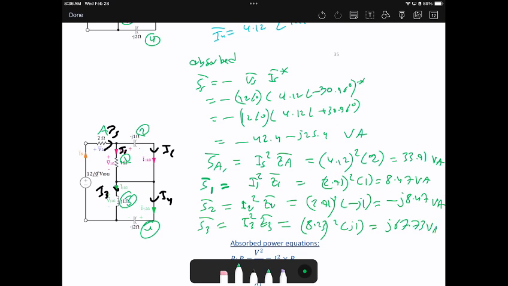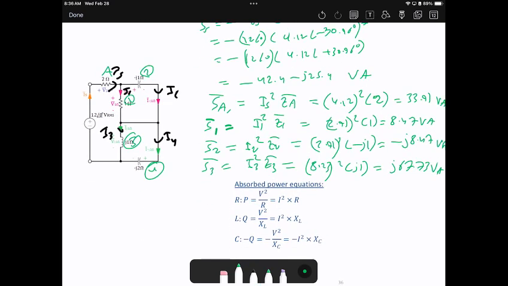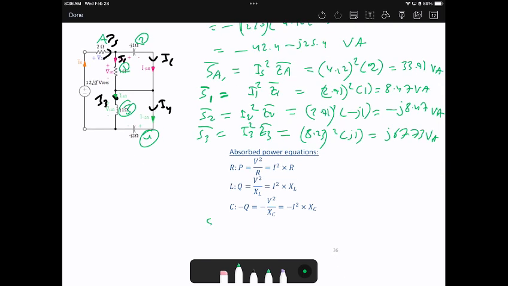67.73 volt-amperes. Then the last one, which is element 4, I don't have space, I can write it here. S4 will be I4 squared times Z4 bar, which will be 4.12 squared, only the magnitude, I didn't put the angle, while Z bar is the overall complex number, which is negative J2.